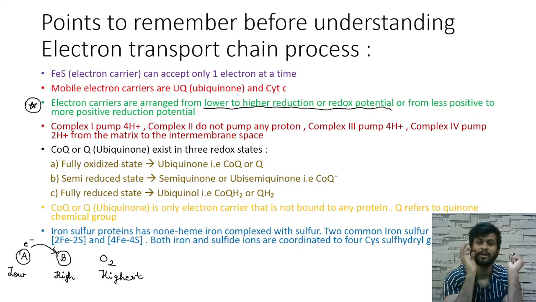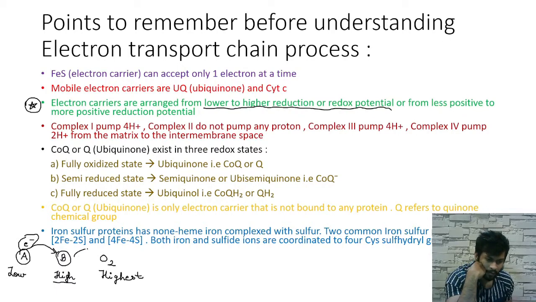In this case, the redox potential of electron carrier B will be higher compared to A. Higher reduction potential means higher ability to get reduced, which means electron carrier B will pull the electron from electron carrier A towards itself.